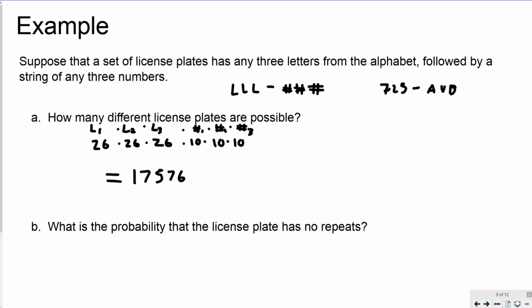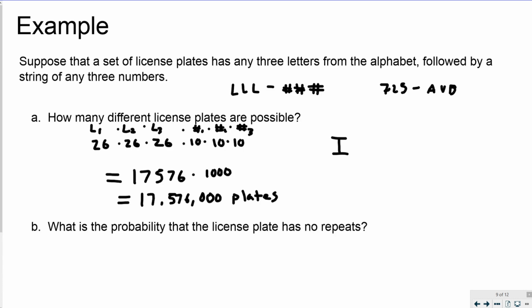And then 10 times 10 times 10 is 1,000. So you're going to multiply that by 1,000. And the total number of license plates that are available using this system is 17,576,000 plates.